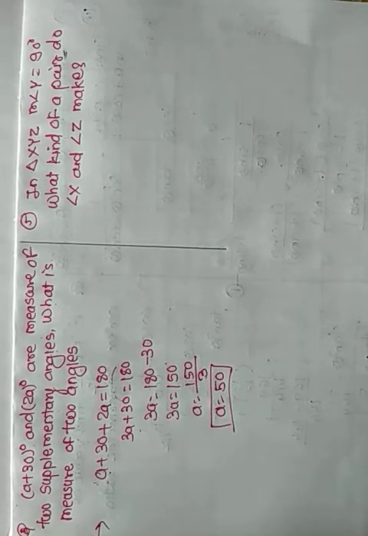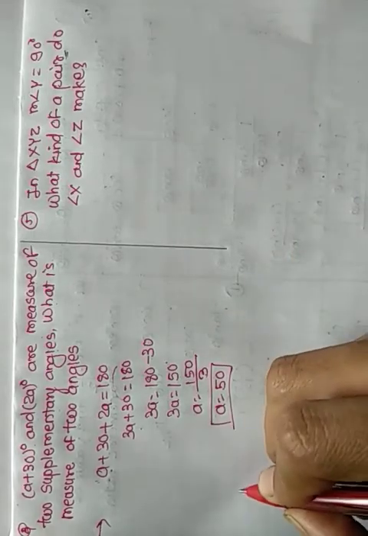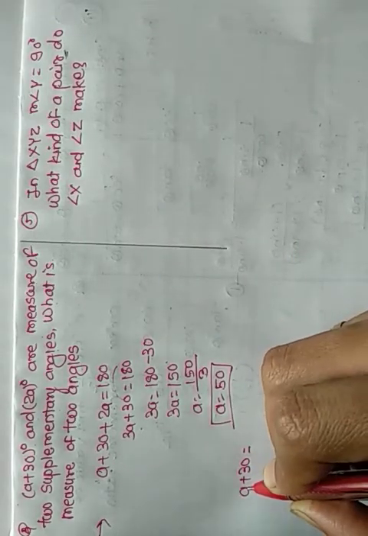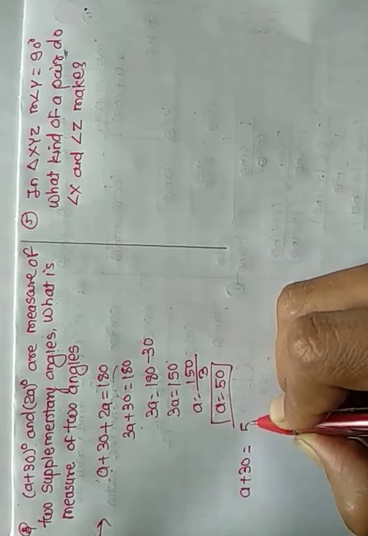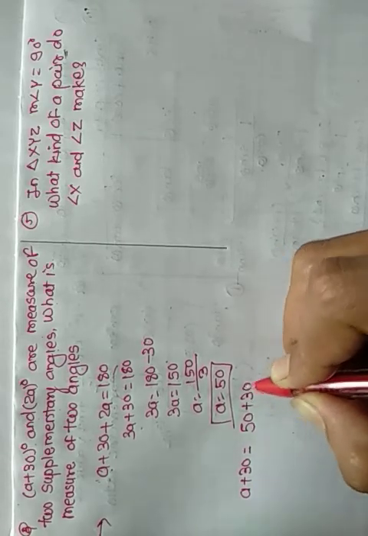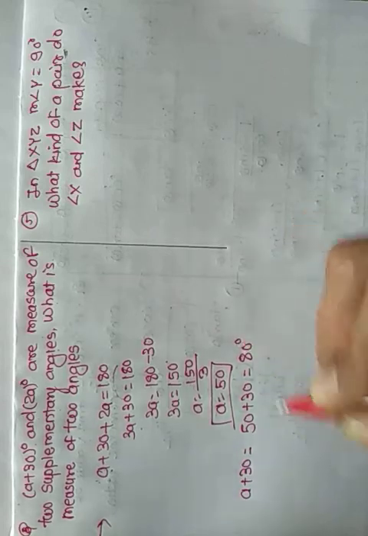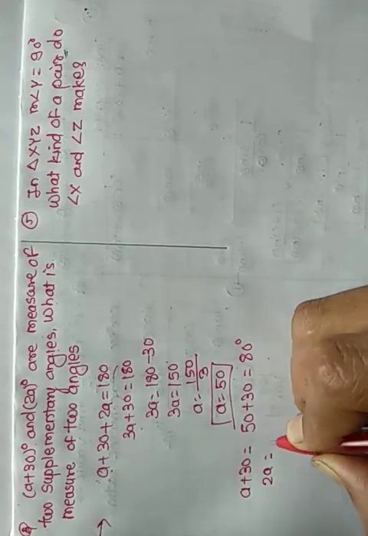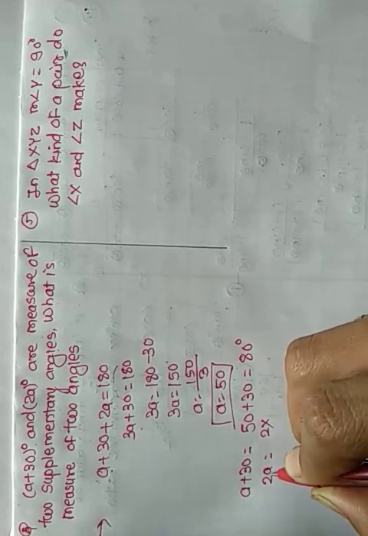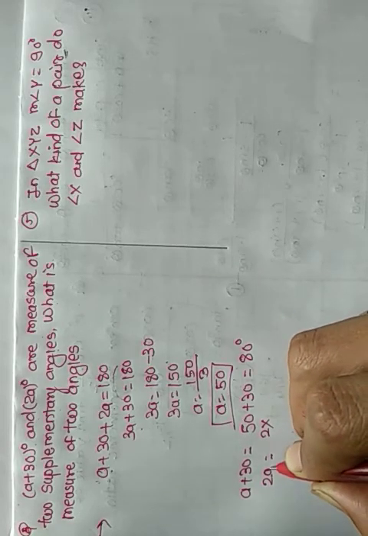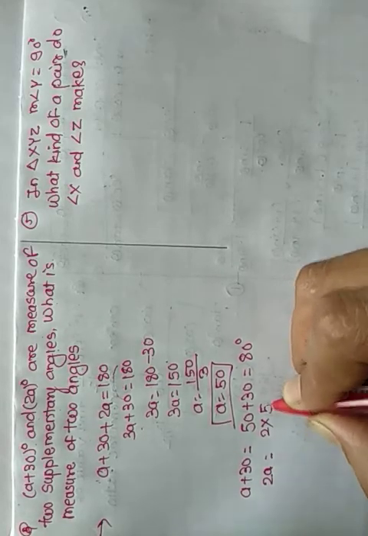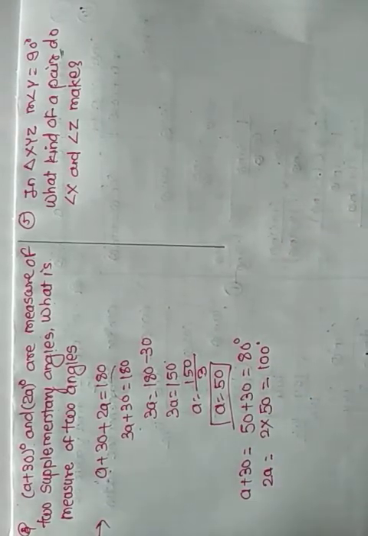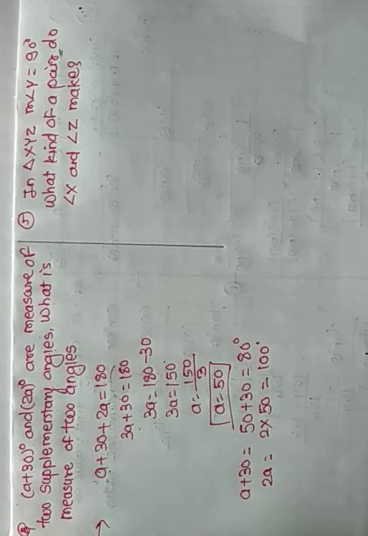The first angle is A plus 30 degrees. Put the value of A, that is 50 plus 30, equal to 80 degrees. And the second angle, that is 2A, means 2 into A; there is no sign, which means multiplication. The value of A is 50, 2 into 50, that is 100 degrees. So these two angles are 80 degrees and 100 degrees.